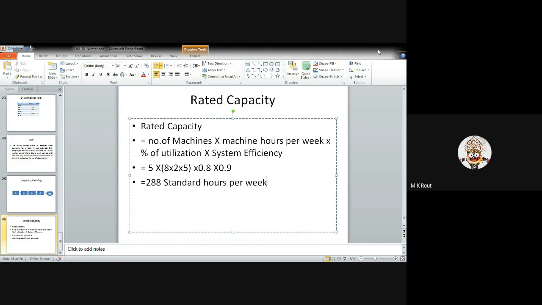I repeat, the first step is within the country or outside. Then the second one is selection of region.